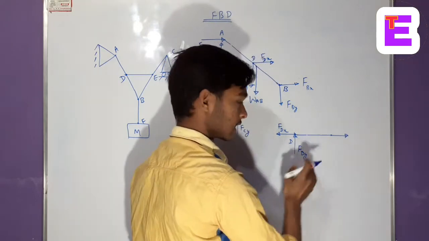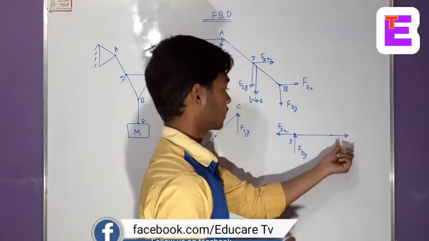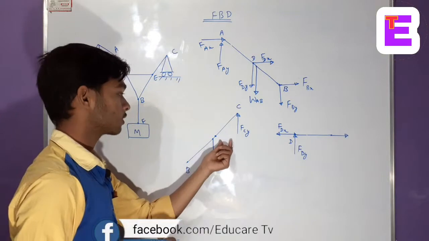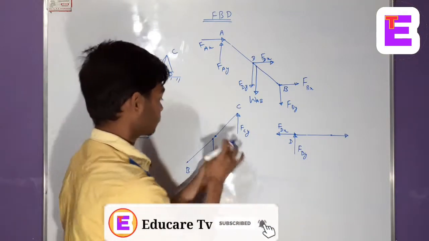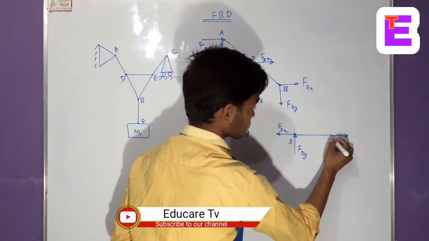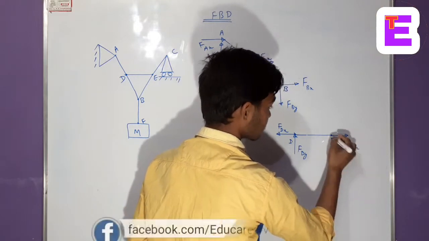You may take in left direction. If you are taking here left direction, then you have to remember that, and you have to put in the right direction here, because equal and opposite, because this is the same point E. Okay, here also, so it will say F EX.